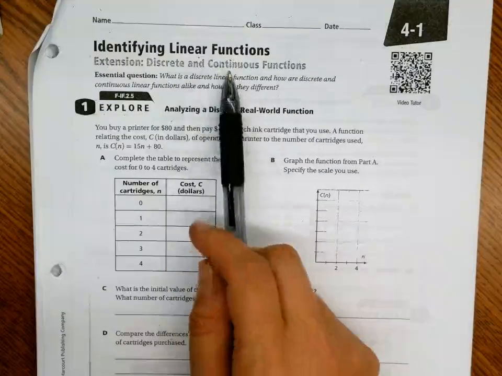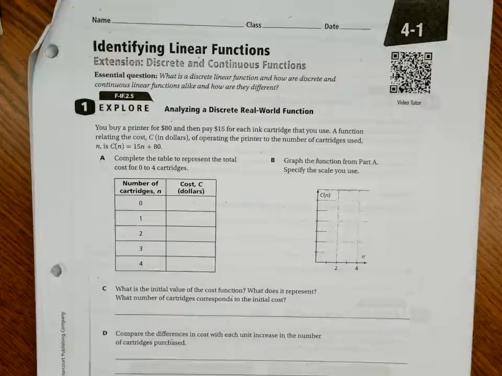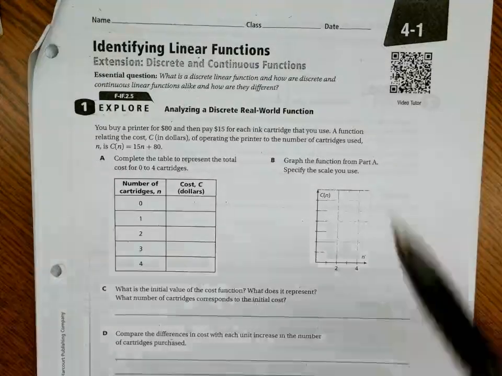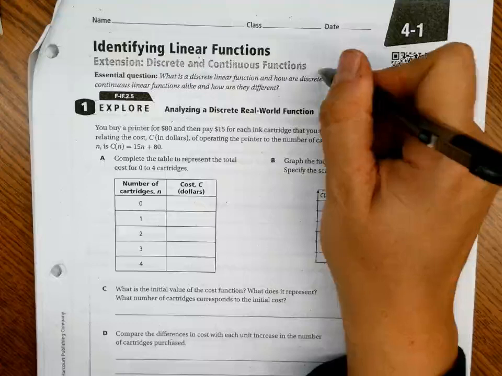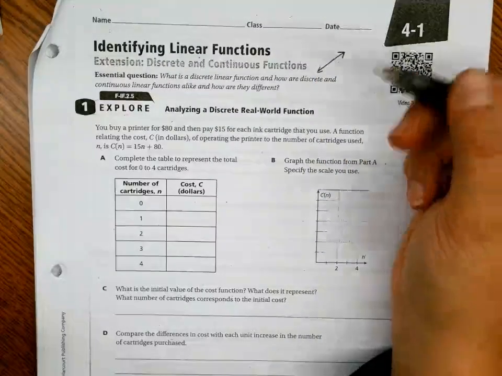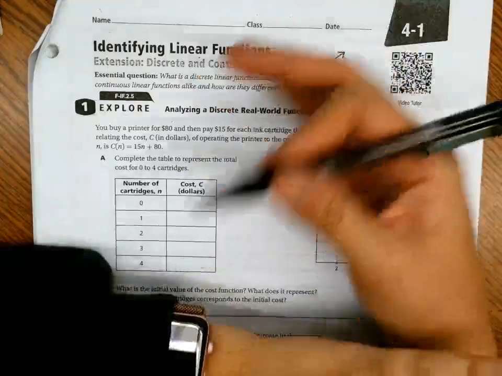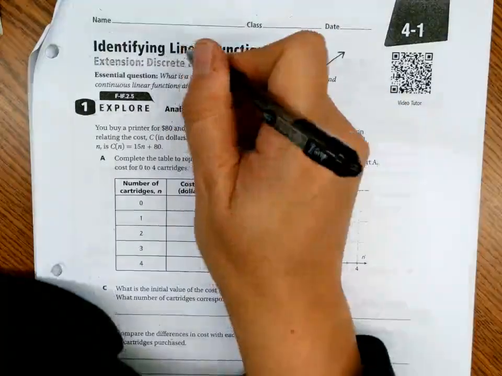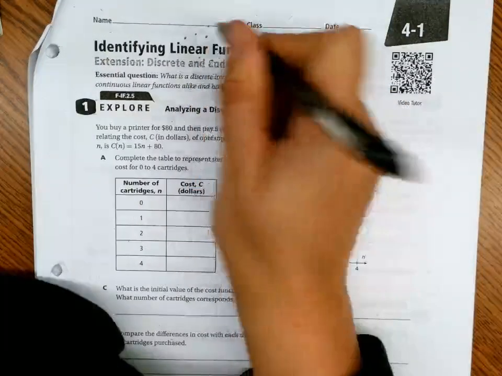Continuous is more like when you go to Winn-Dixie and you're buying candy or coffee and there are all those increments in between. You could buy 2.46 pounds of coffee and it has a specific price. So a continuous function is going to be a straight line, like a linear function, or it could be parabolic. It could be anything. It's going to be connected, okay? Where discrete is just specific points.